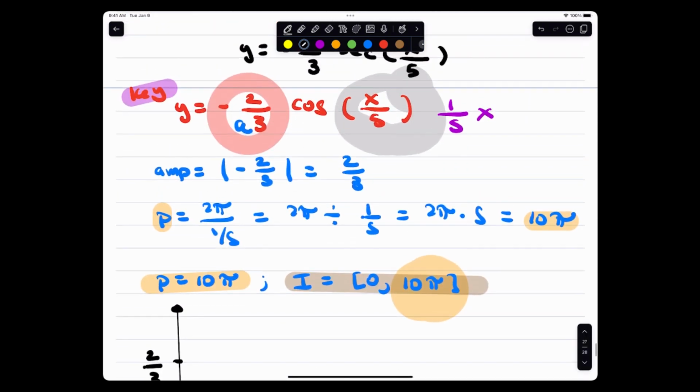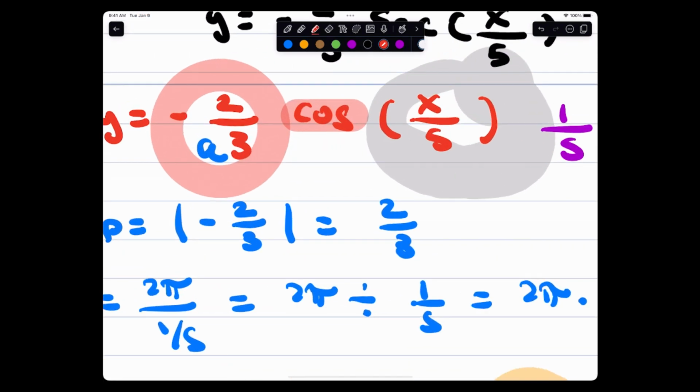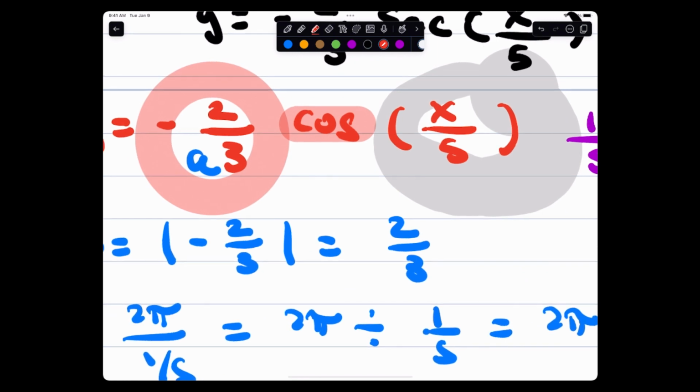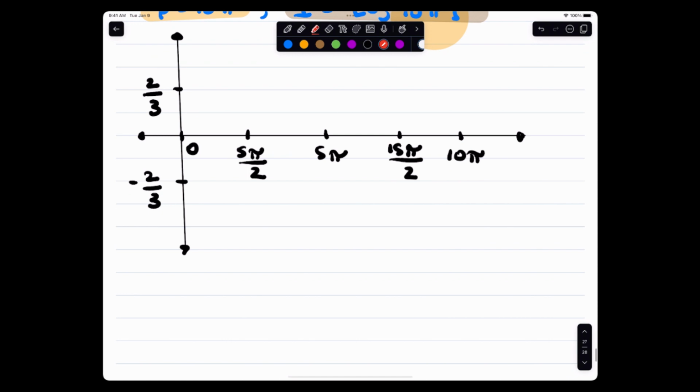So this is the negative of what? Negative of cosine. So the negative of cosine, where does it start? It doesn't start at the highest value. It starts where? The lowest value. Good. You guys remember that. It starts here, goes to your x-intercept, and then it goes to the what? Largest value, back to the x-intercept, and then back down to the what? Lowest value.